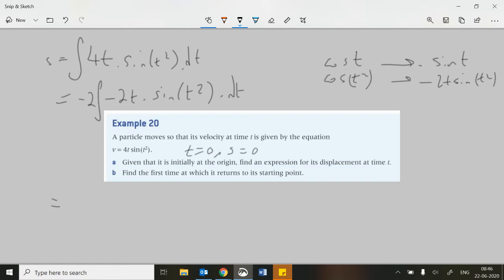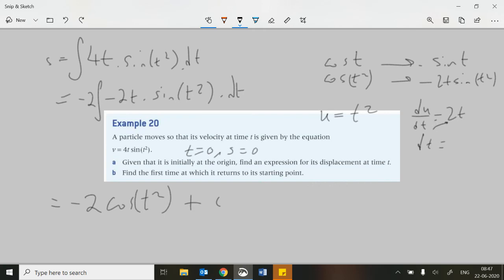So if we then want to integrate this thing, that's the same as integrating this thing here, going backwards from the differentiation there. So we would have cos t squared, and then we would have a plus c on the end as well. Now you can do this whole thing by a substitution, where u equals t squared, and then du is equal to 2t dt.